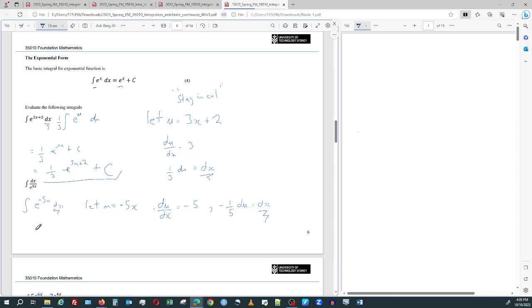So you can be replaced by minus 1/5 the integral du, and we're left with e to the u. So that integral is equal to, I might just rub that comma out, minus 1/5 e to the u, the integral of e to the u is e to the u, and u itself was minus 5x plus c.